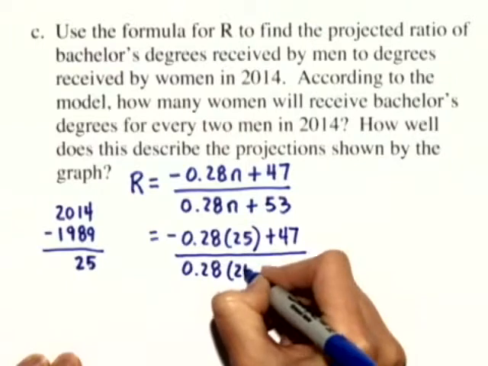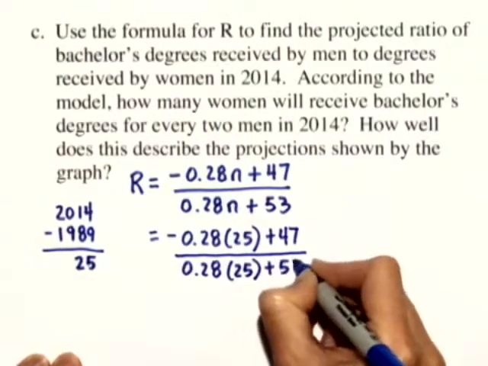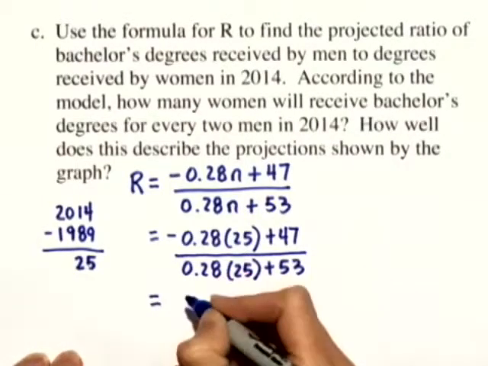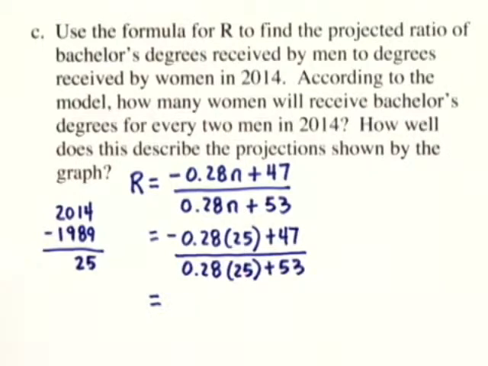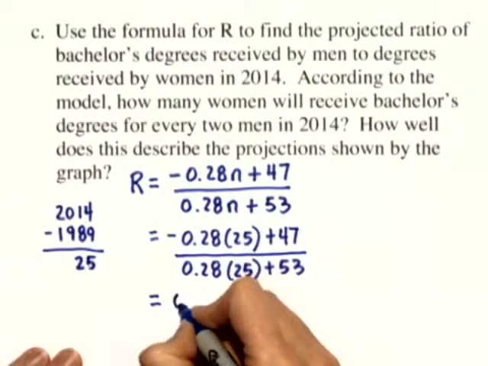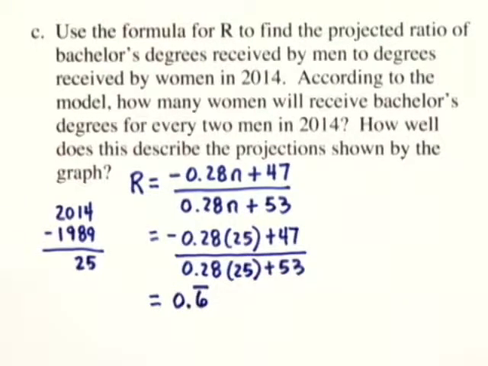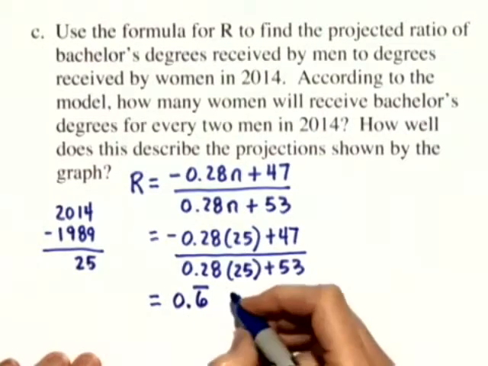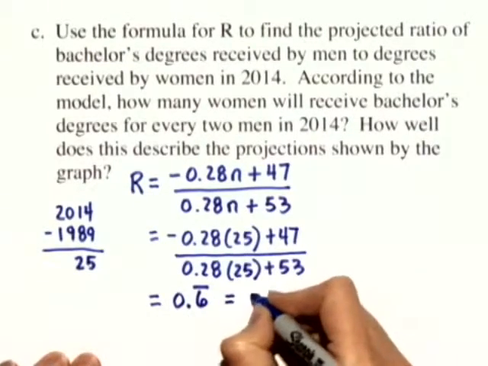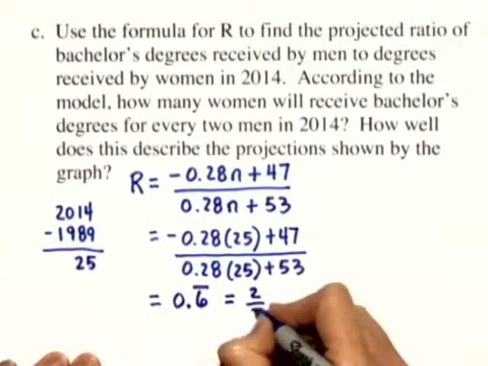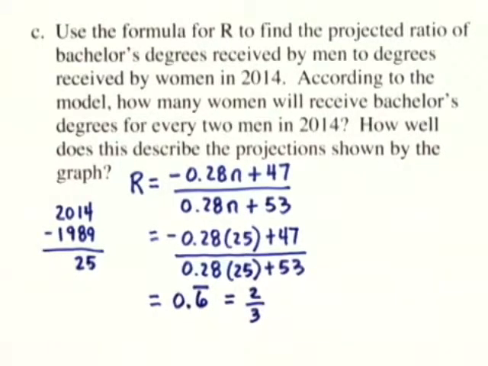When we calculate this ratio, we can use a calculator, and we come out with a total of 0.6 repeating. If you recall, 0.6 repeating can be approximated by the fraction 2/3. So now we've just answered the first part of Part C.